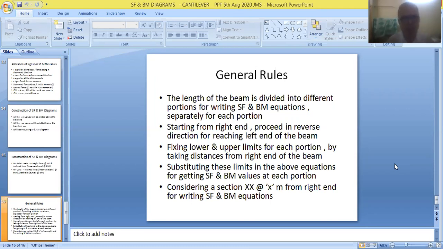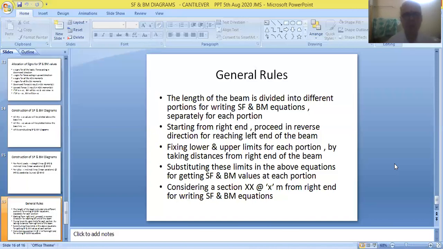So the beam is divided into 2 or 3 portions: the portion AB, the portion BC, the portion CD. Now we have to write SF and BM equations for different portions separately. So this is the first thing to be followed for writing SF and BM equations.